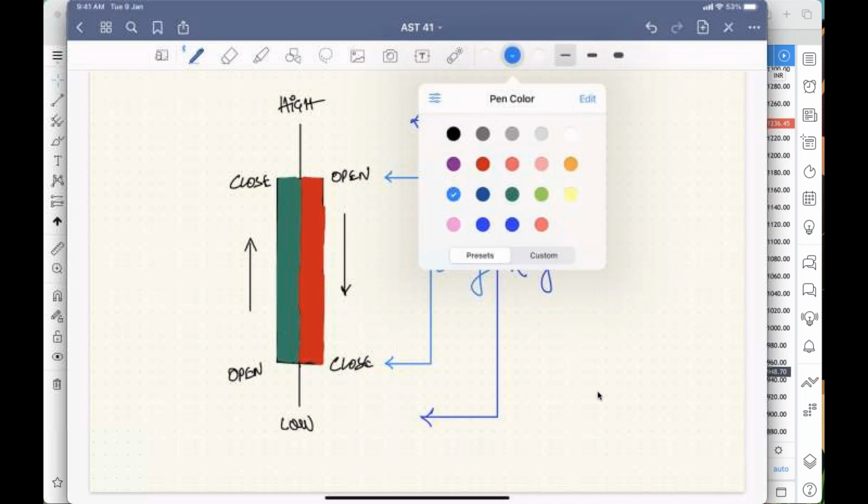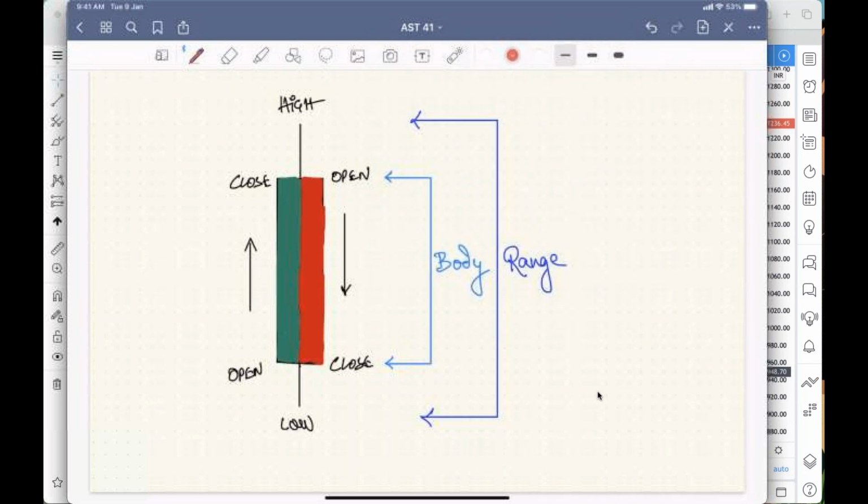Lastly, the section on the top over here is called the wick or the upper shadow. It means from the highest point of the day, how much did it slip down? That much will be created and we'll call it the upper shadow.